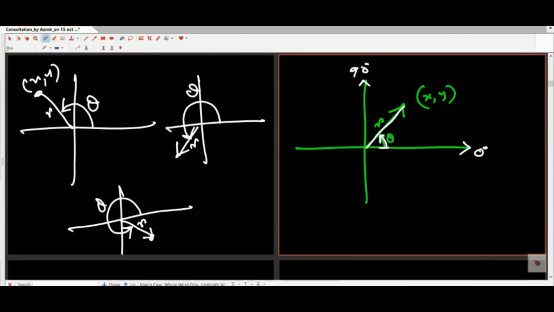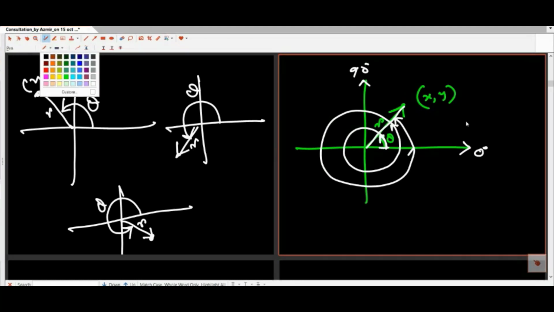We can extend our idea: we can come from 360 degrees plus 45 degrees, and we get the same line.